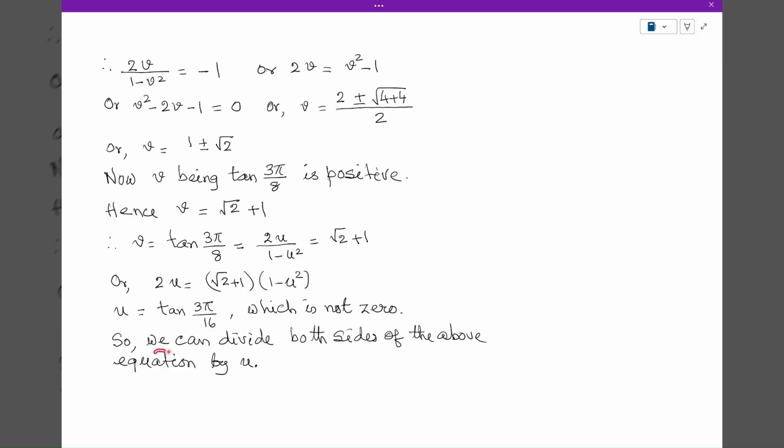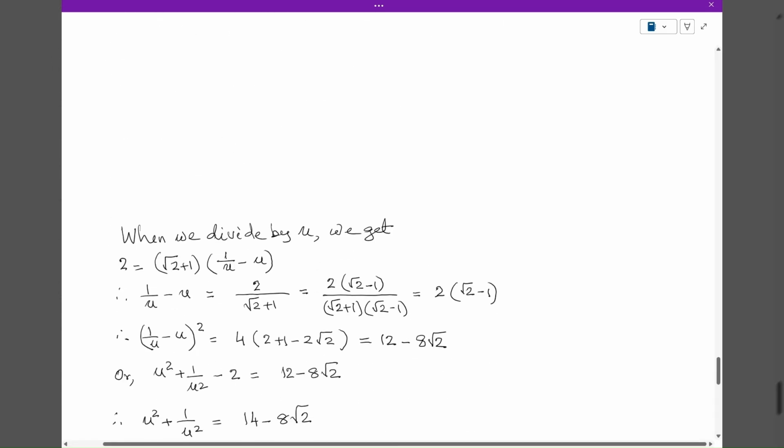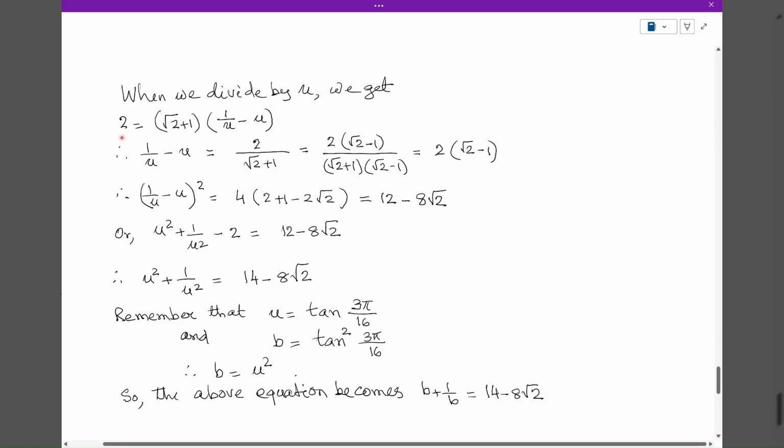So we can divide both sides of the equation by u, and that gives us 2 is equal to square root of 2 plus 1 multiplied by 1 by u minus u. So 1 by u minus u is equal to 2 divided by square root of 2 plus 1.